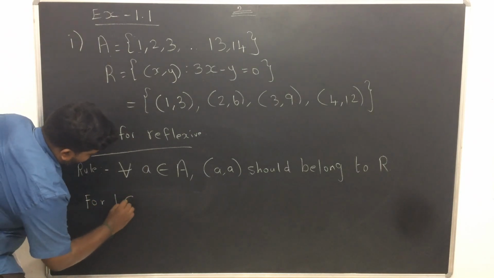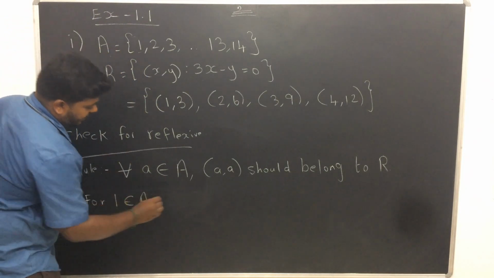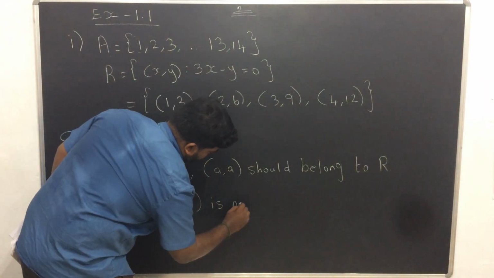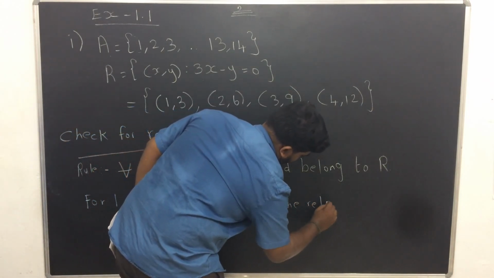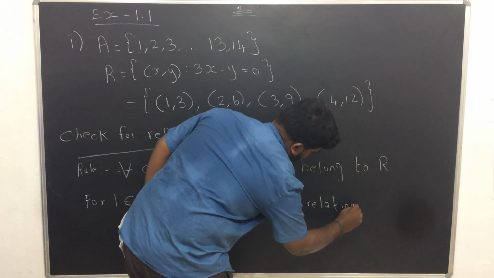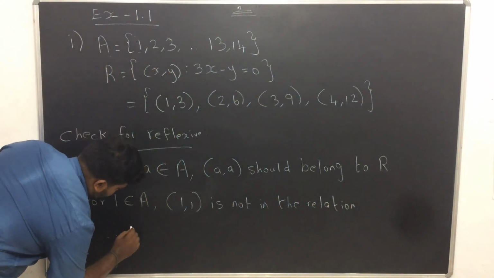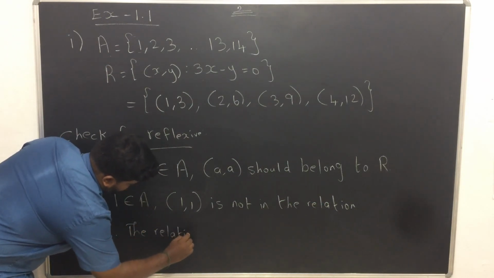For element 1 belonging to A, 1 comma 1 is not in the relation. Therefore, the relation is not reflexive.